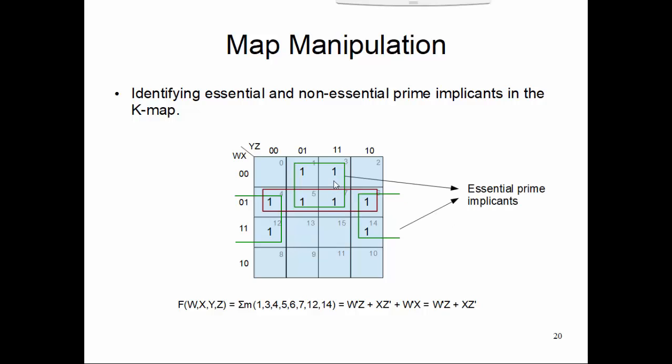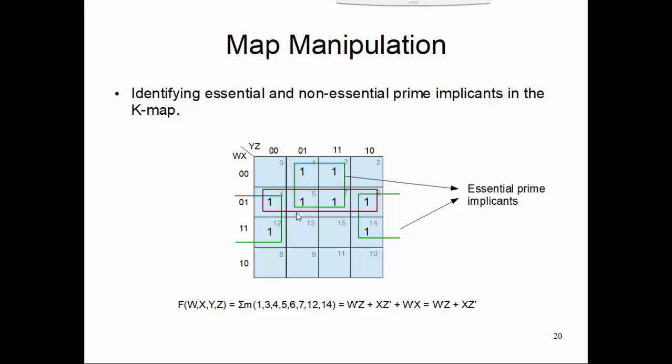What happens if you look at this green group? Let's take the example of this green group 1357. This group is covering the terms 1 and 3, which are not covered by any other group. But 5, 7 is covered by this red group. That's okay. Now for the group of 4, 6, 12, 14, the minterms 12 and 14 are not covered by any other group, but minterms 4 and 6 are covered by this red group.